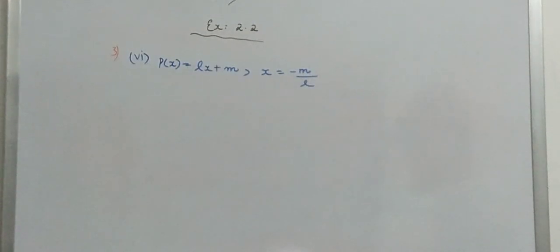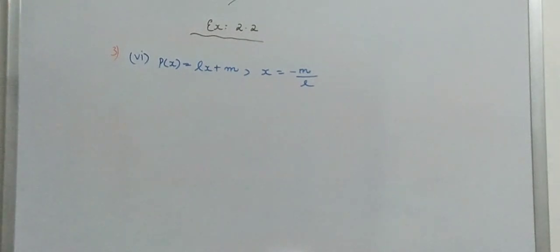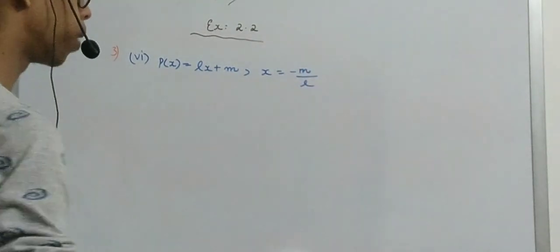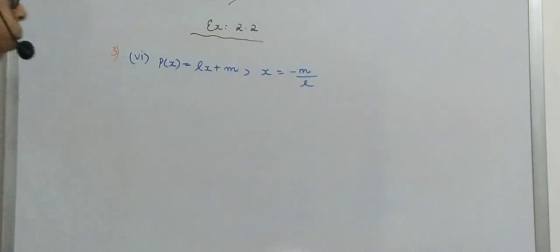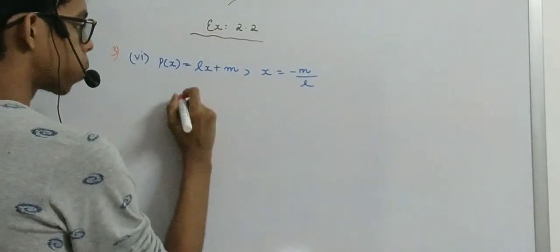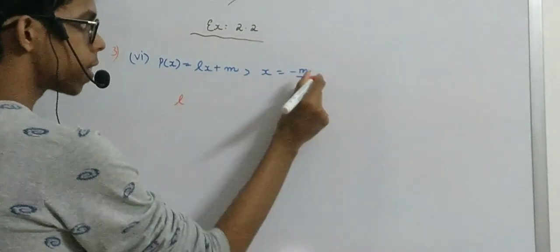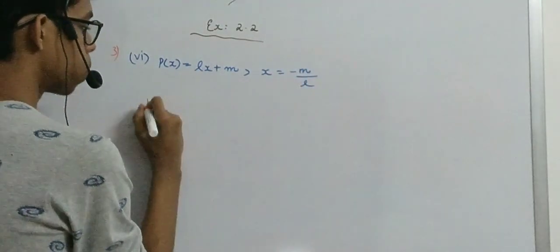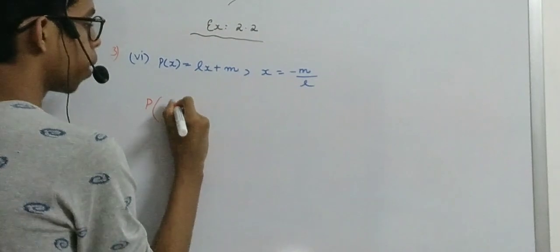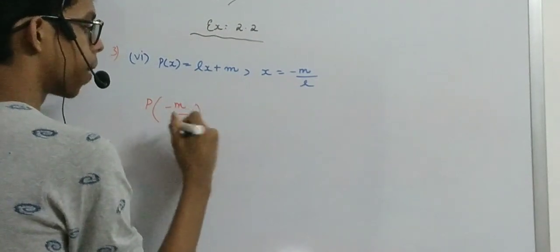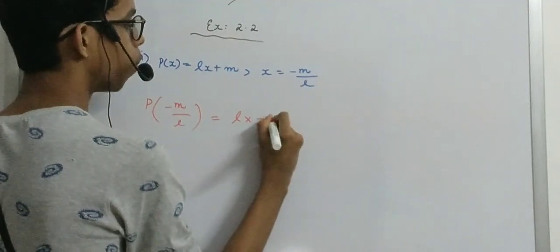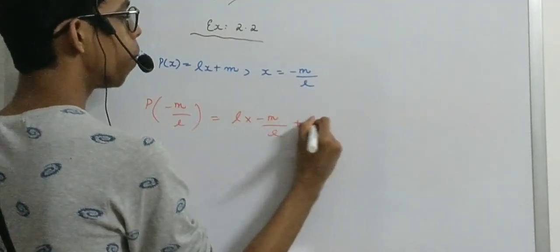So this is Lx plus m, where the 0 of the polynomial is given to us as minus m by l. So we have to verify whether this is the 0 of the polynomial. First of all, what should we do? We should substitute this minus m by l in place of x. So we have to see P of minus m by l. So when we do P of minus m by l, we get l into minus m by l plus m.